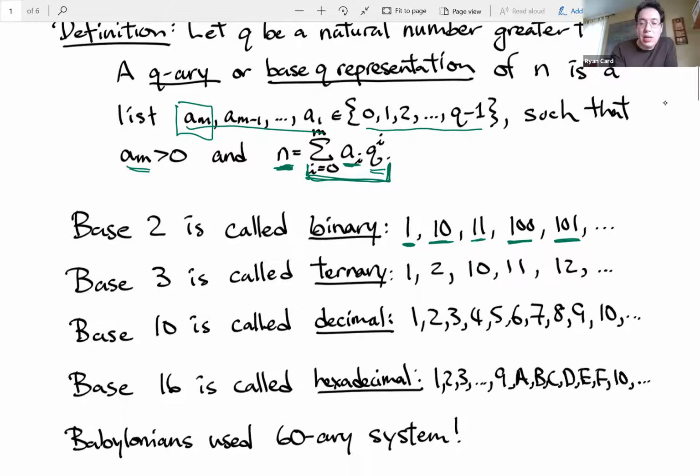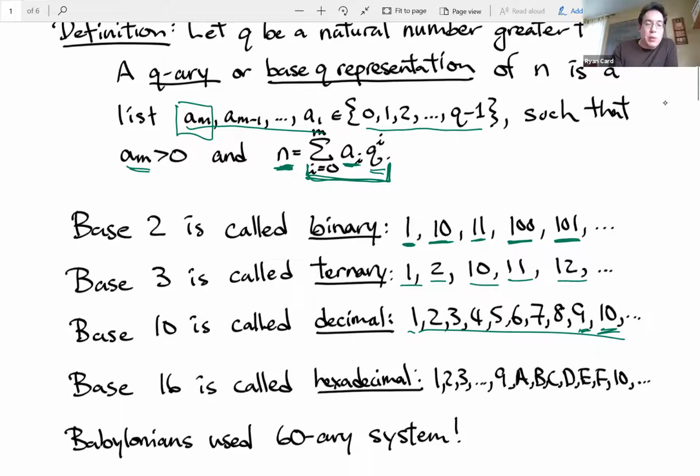If it's base 3, you use digits 0, 1, and 2. So counting from the left, that's 1, 2, 3, 4, and 5. Our base 10 system, the decimal system, you're familiar with. We use all the digits up until 9, and then you wrap around and start over again.